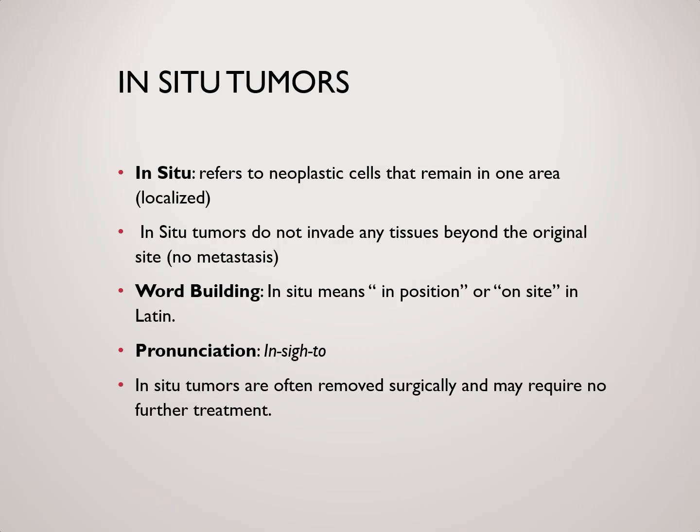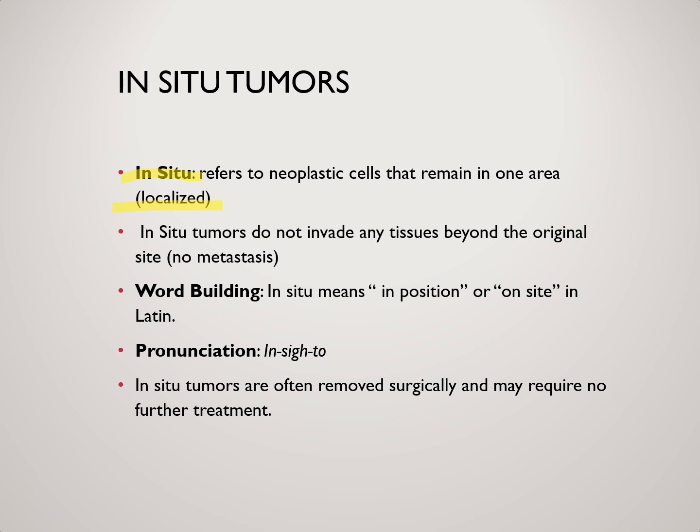In situ tumors. In situ refers to neoplastic or cancer cells that remain in one area. They are localized, so they are not invading any other tissues beyond their origin site. It literally means in Latin, in position or on site.